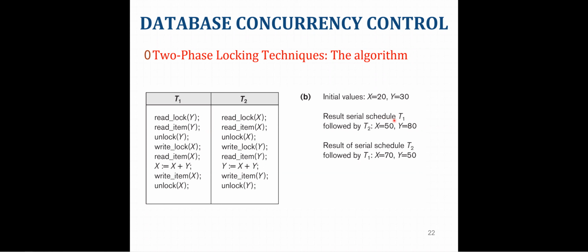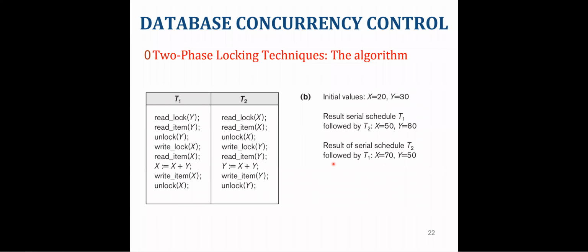If T1 starts, and then T2, x will be 50 and y will be 80. If the opposite, x will be 70 and y will be 50. Both are correct because both of them are serial. Okay, so T1 starts and finishes, T2 starts and finishes, or the opposite, both serial. And with serial, it's always correct.